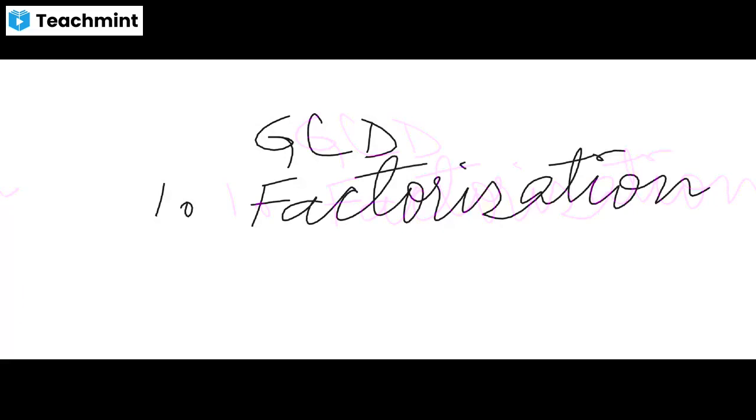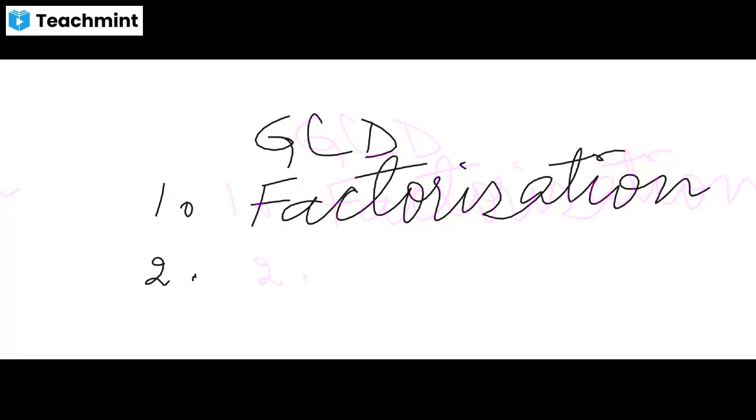The first thing is to factorize. Factorization we cannot avoid. We cannot skip the factorization part. By skipping the factorization part, there's no way you can find GCD.